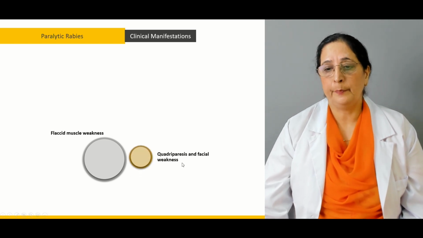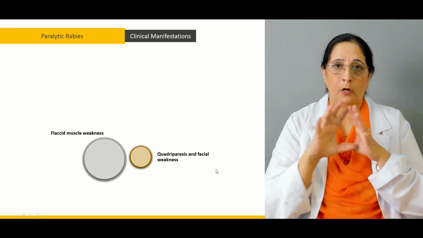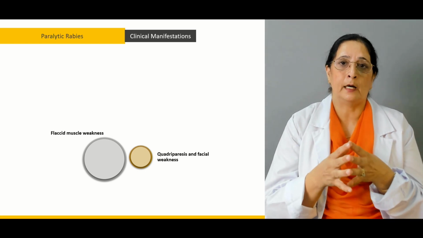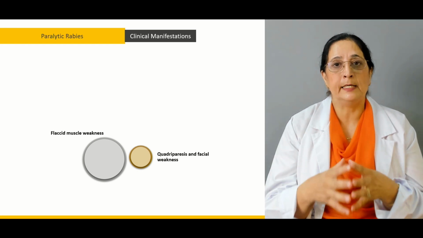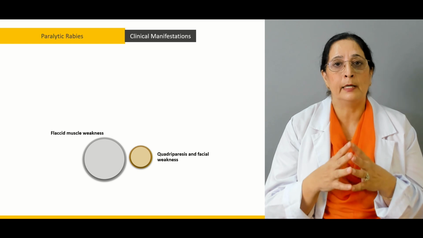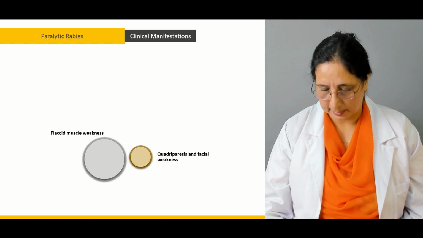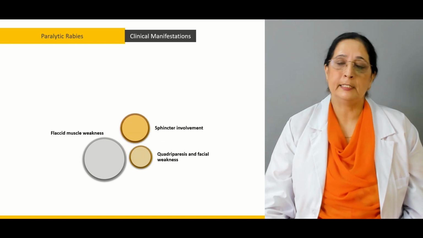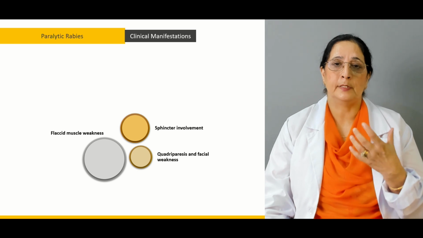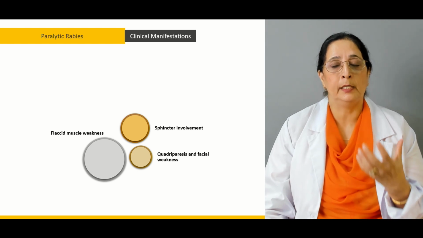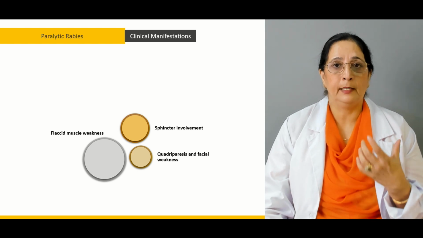And quadriparesis and facial weakness. Quadriparesis: quad is 4, so paresis or weakness of all 4 limbs, or there is weakness of the facial muscles. Sphincter involvement is also present. The person has no control over urine output or fecal output.